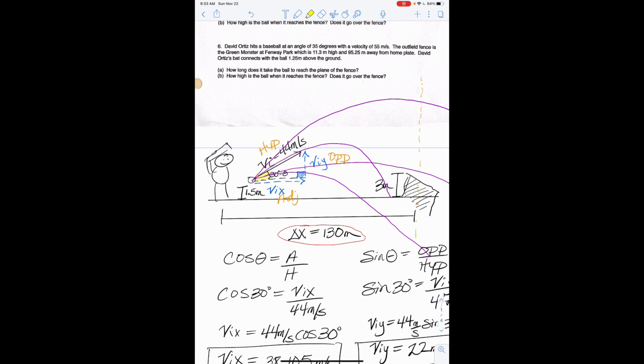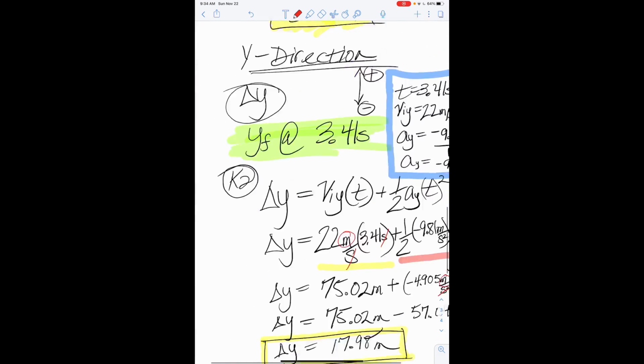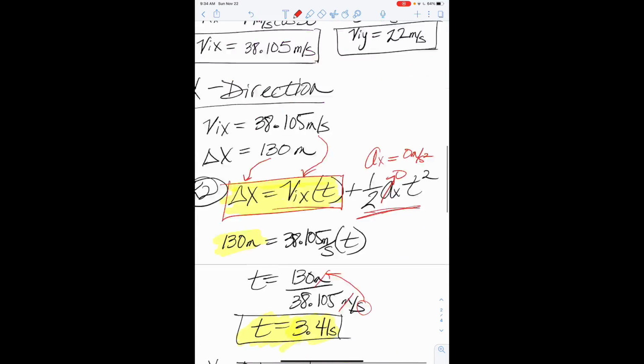So what this is saying is that delta y at this time is 1.5. Maybe I should get a different color here. Maybe red. It's saying that this is delta y, and this is 17.98.